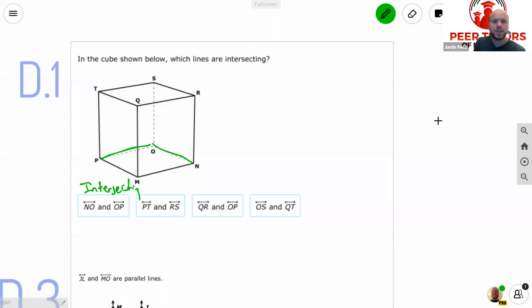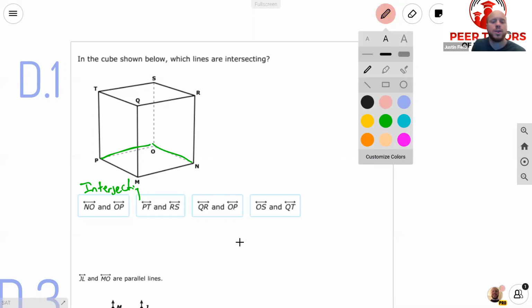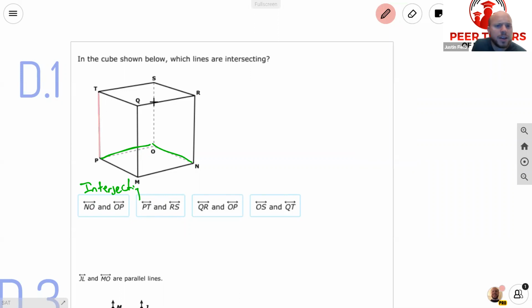All right. So these two lines are intersecting, but now we're going to see some other pairs that we also want to know. So PT and RS. Let's go ahead and highlight PT and RS. And you can see that they are not intersecting, but one is going up and down, and one is kind of going front to back.